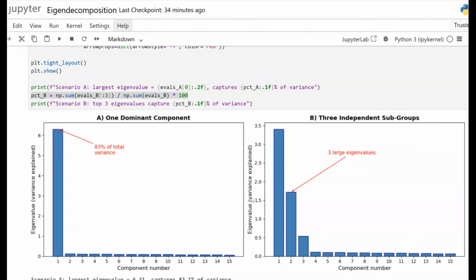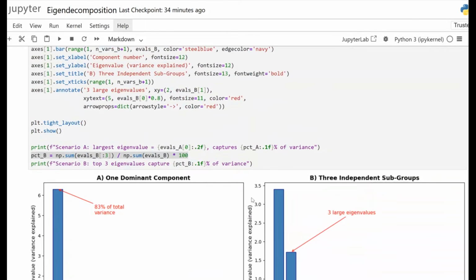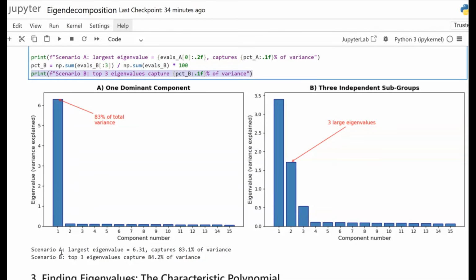So identifying the number of principal components detects latent structure and diagonalizes correlation patterns. With this, scenario A uses the largest eigenvalue and scenario B the top 3 eigenvalues. In scenario A, variance is concentrated in 1 component, and in scenario B, variance is distributed across 3 components.